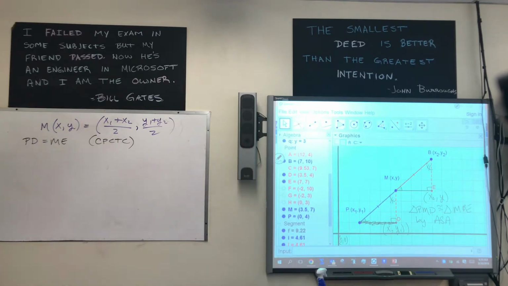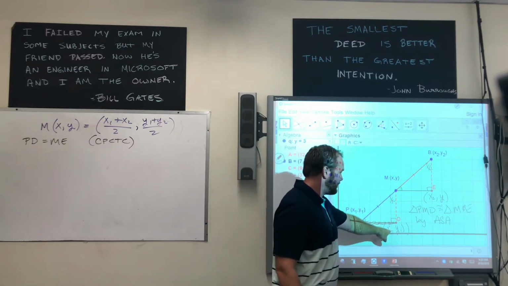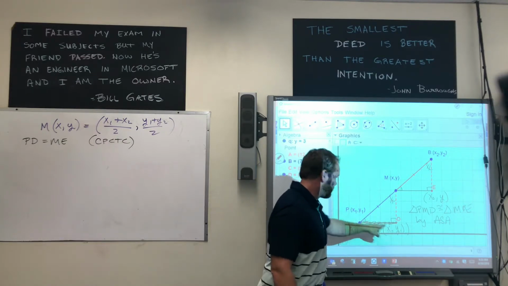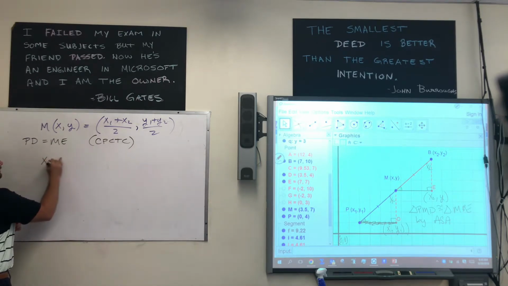How do you find distances of horizontal lines? You do what? You subtract the x values, right? Okay? And the reason I want to do all this in the first quadrant is because now I know that that x value to the right is bigger than that one. So I'm just going to write x minus x1. x minus x1.